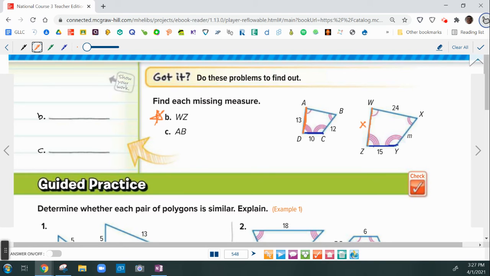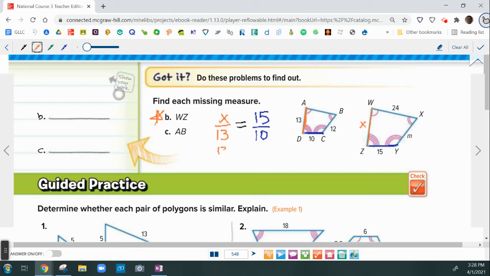What do I do? I make a ratio of corresponding sides. So X goes with 13. And the other pair that I'm going to use for my proportion is 15 over 10. Now, you could have also done something like this.